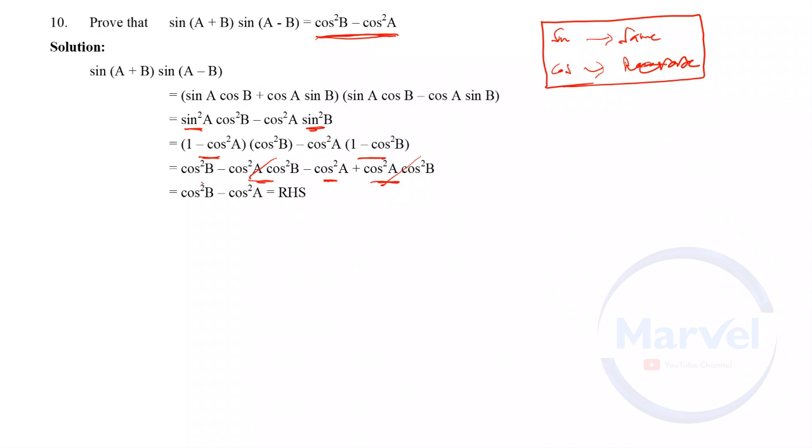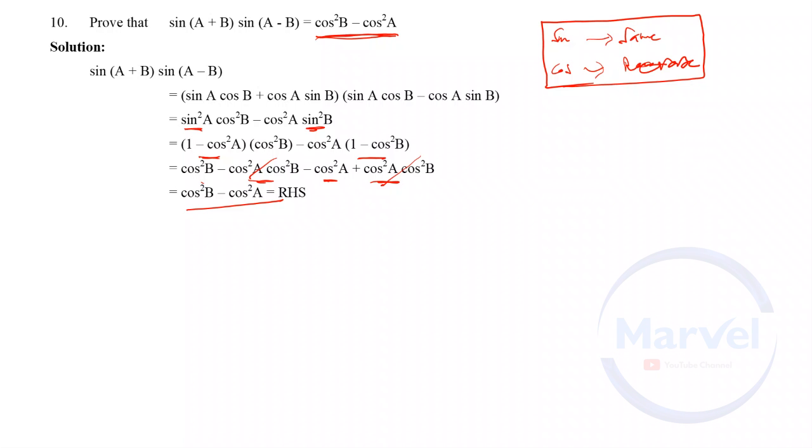If it is only sine, angles are in the same order, sin square A minus sin square B. If it is only in terms of cos, reverse order of angle, that is cos square B minus cos square A.